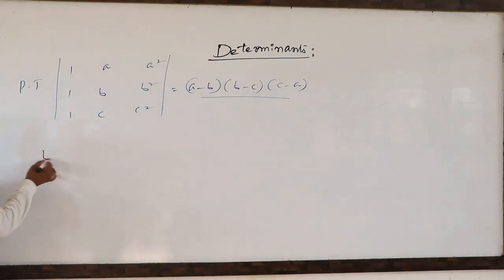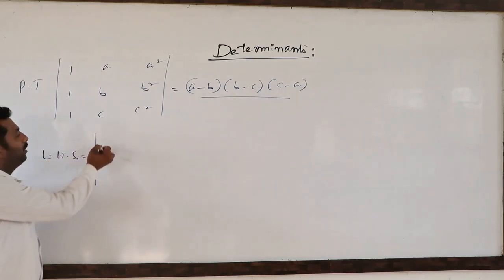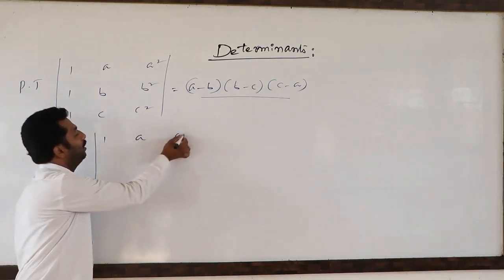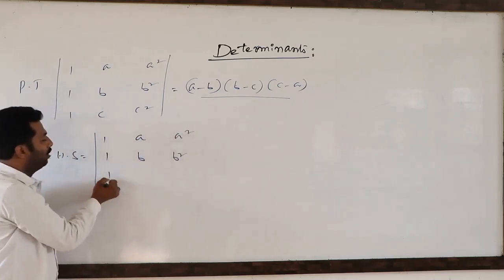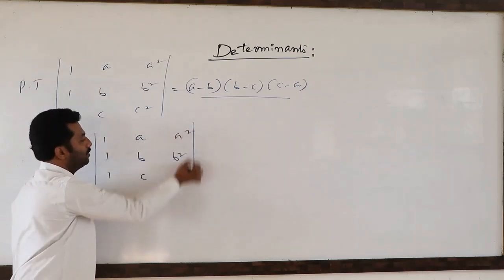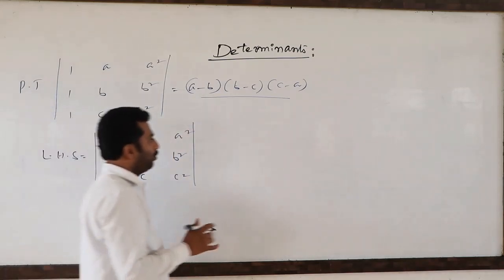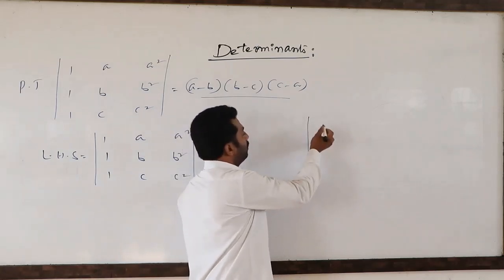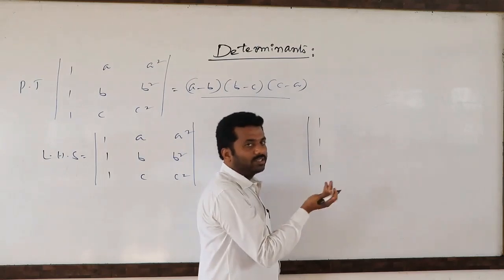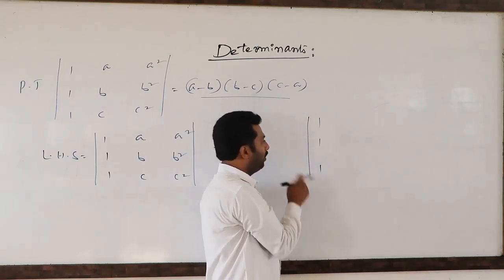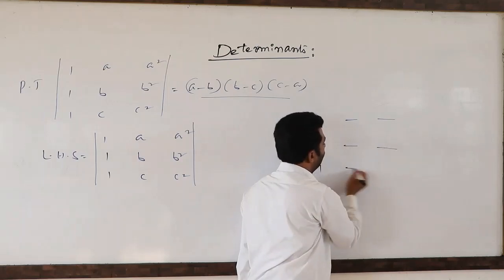So now I am taking the LHS part, which is the determinant with rows 1, a square; 1, b square; 1, c square. You remember two results. Suppose all the elements of the first column, or any column, are 1, 1, 1; whatever the other elements, no problem.